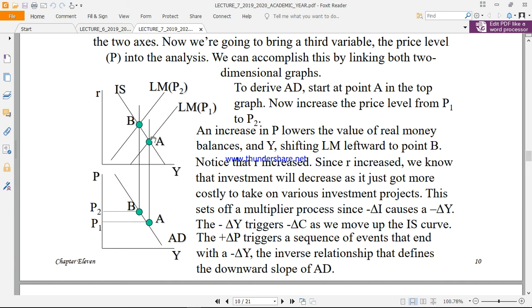Let me restart. I know someone is wondering what's going on. The whole thing is starting from the IS-LM model. In the IS-LM model, equilibrium is holding at point A. At that point, there is an equilibrium rate of interest and an equilibrium level of output. And this same equilibrium level of output is what is demanded.